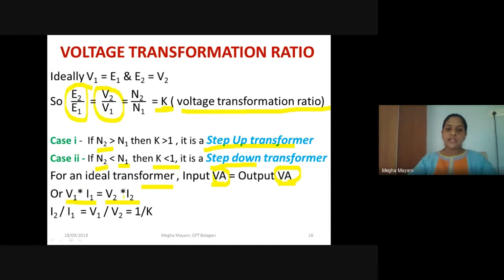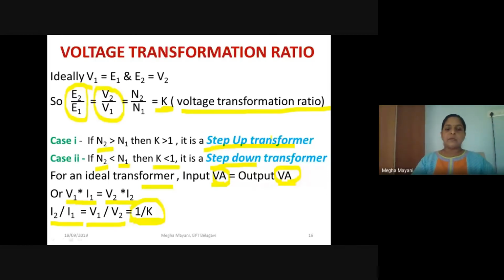I2 is the current flowing in the secondary winding, and V2 is the voltage available across the secondary winding. Now I2 by I1 will be equal to V1 by V2, which is the reciprocal of the voltage transformation ratio, that is 1 by K. So this is regarding voltage transformation ratio.